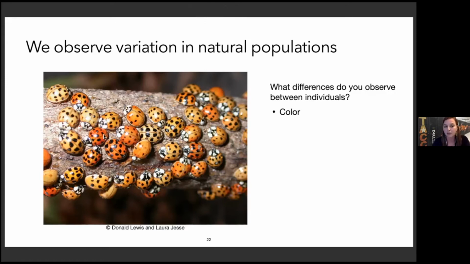You have some individuals that are very dark, while some are duller. You have variation in body size, so you have some small beetles and some quite large beetles. You also have variation in the number of spots that these different beetles might have, and in the size of those spots. And there's probably many more. We could probably find a lot more variation if we looked really closely at these beetles.